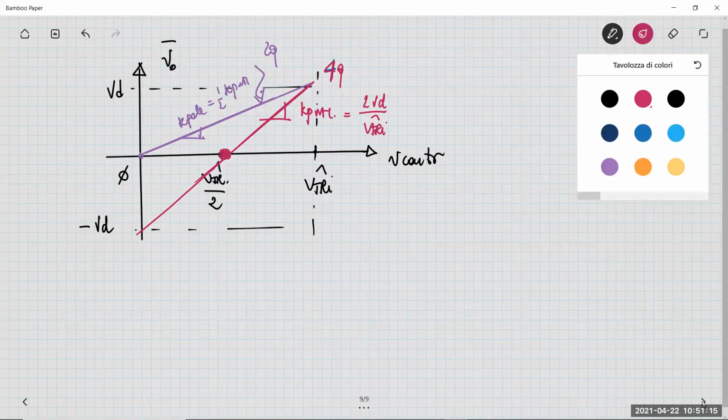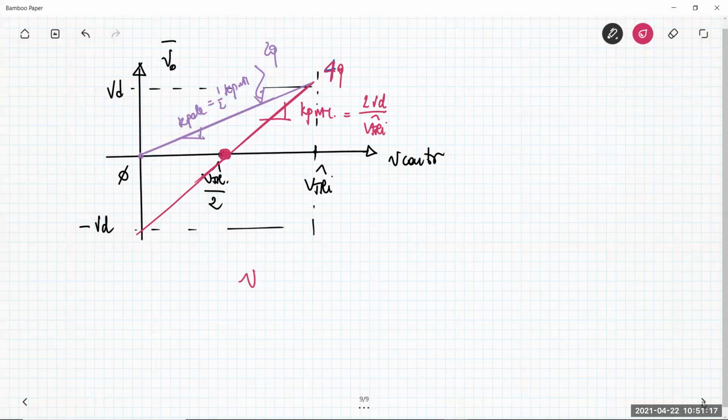Consider also the fact that if you have a control voltage which is less than half of V triangular peak, in the four-quadrant converter you have negative average output voltage.